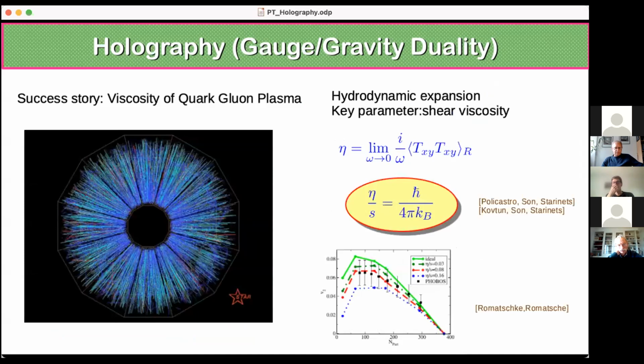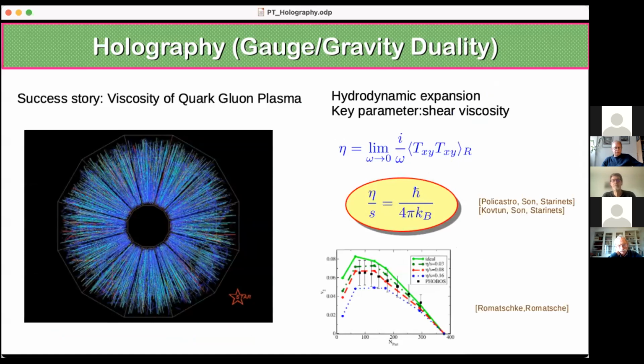And one spectacular, very big success story was the calculation of the shear viscosity, which you can compute by this holographic recipe I told you, switching on some gravitational fluctuation. Basically, you study gravitational waves in anti-de Sitter space in a specific kinematic regime in a black hole background.